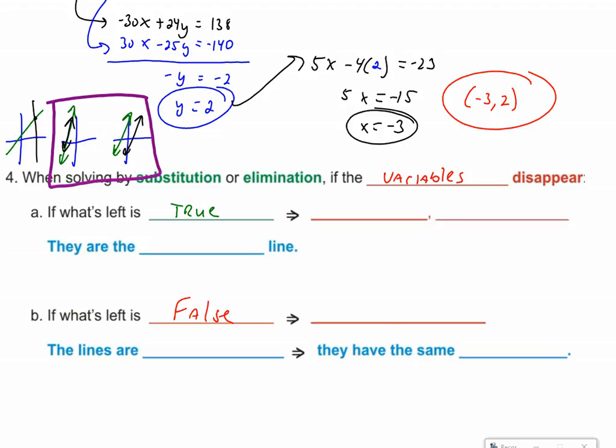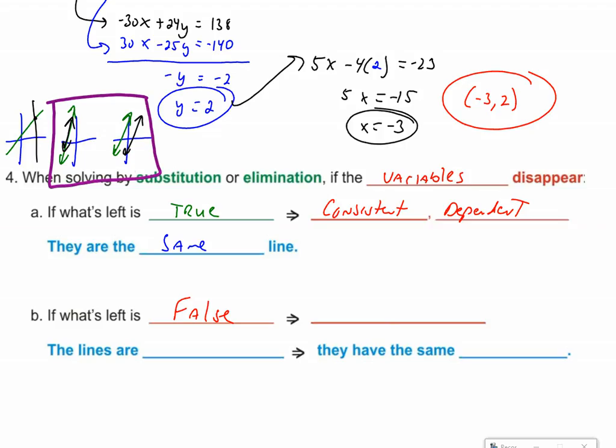But true meaning every point on the line, remember, is a solution. So when it's true, it's consistent and dependent. They are the same line. That'll always be the case when the variables disappear and what's left is true.